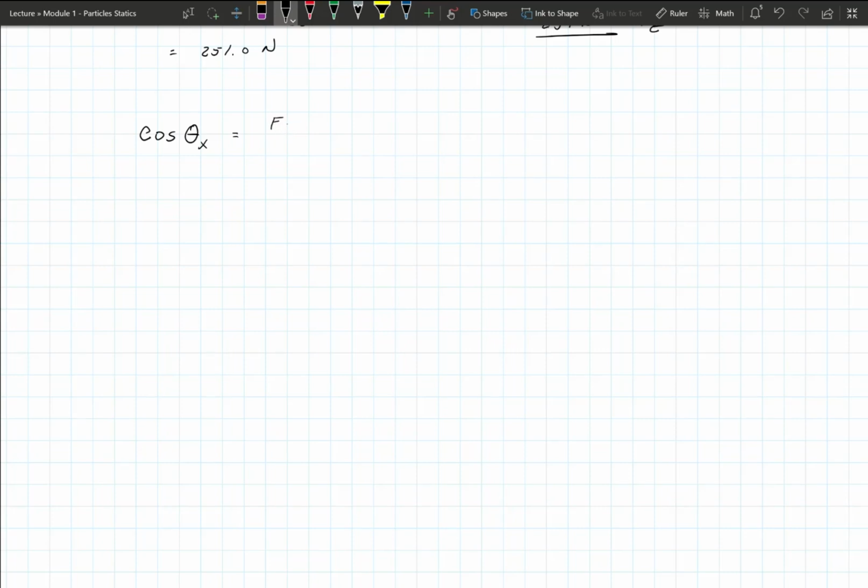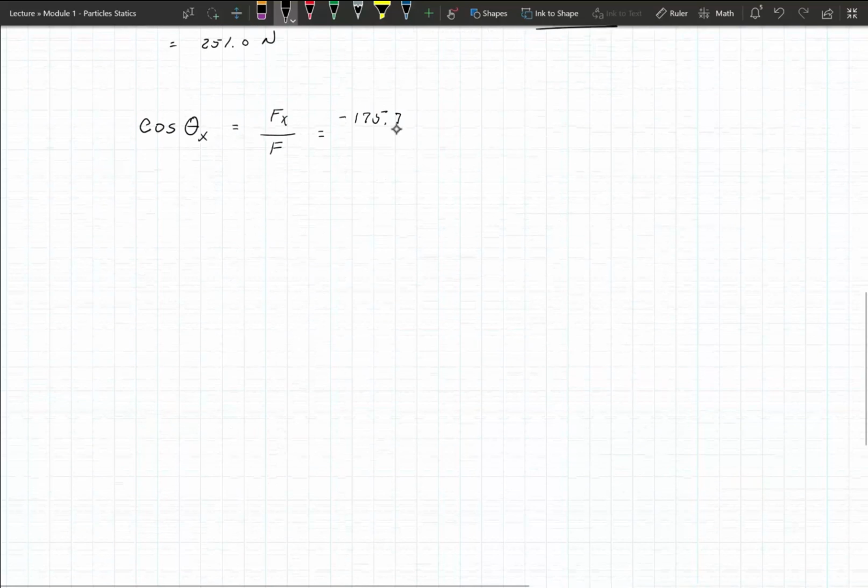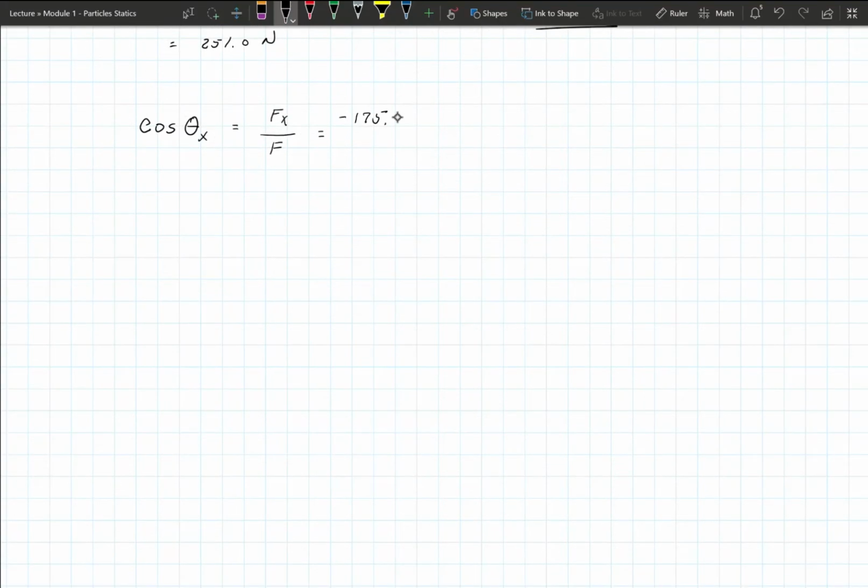So F of x over F, and I'm going to cheat, just put numbers in here, negative 175, now what did I call it, 175.8, over 400, and we should get an answer there. Well, just do the math out so you can see it.